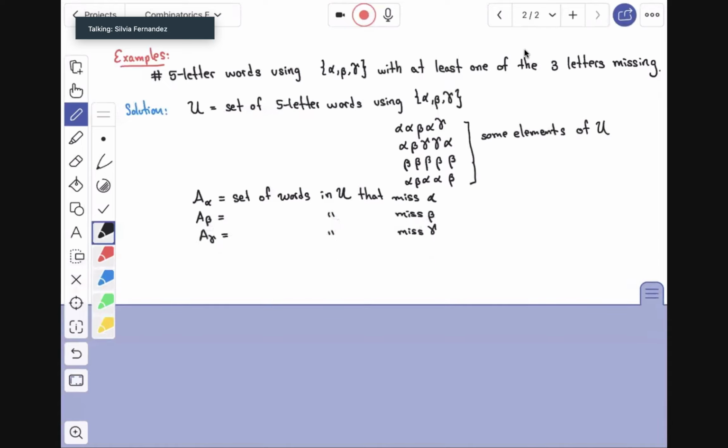And now, if you want to have a visual in mind, here you have all your words, and then you have the ones that miss alpha, no beta, and no gamma.